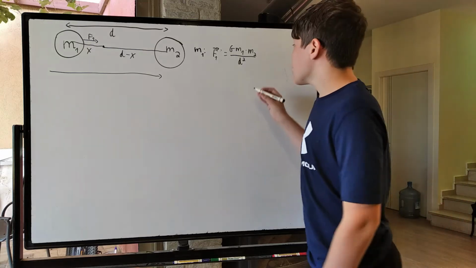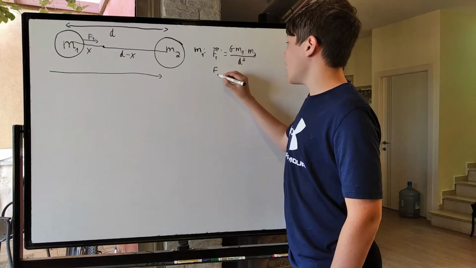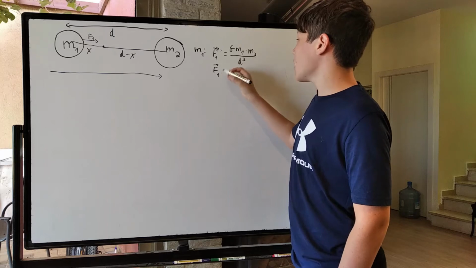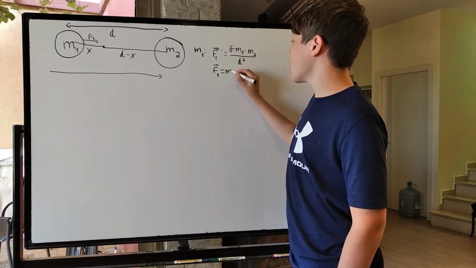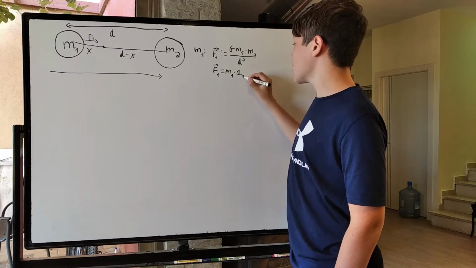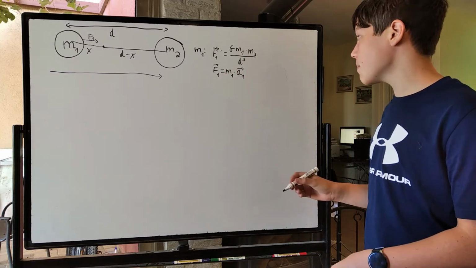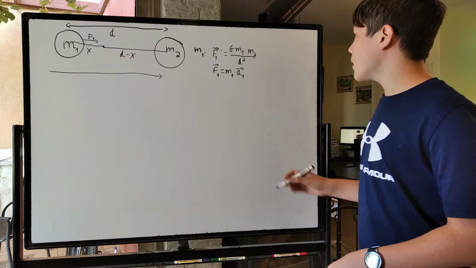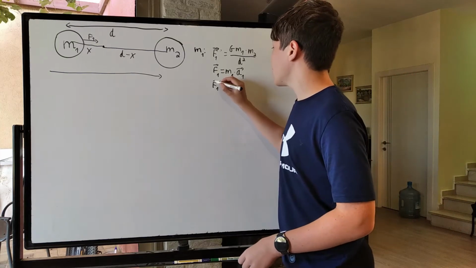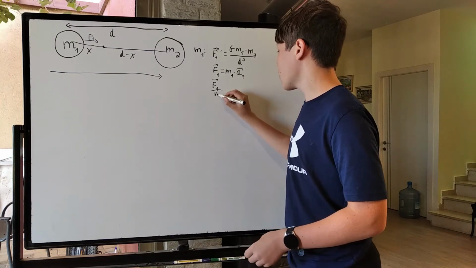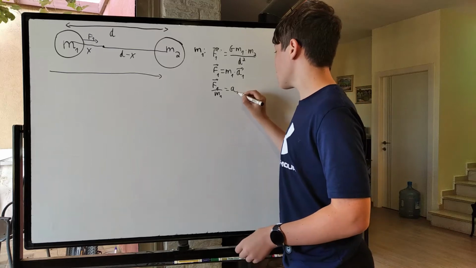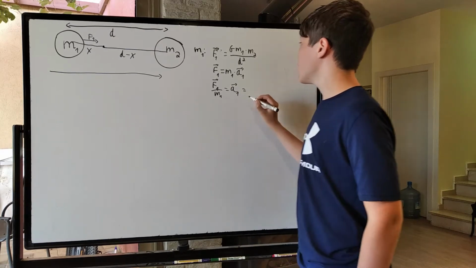So we can just use F1. F1 is mass 1 times a1. So force is mass times acceleration, meaning that force over mass is equal to acceleration.